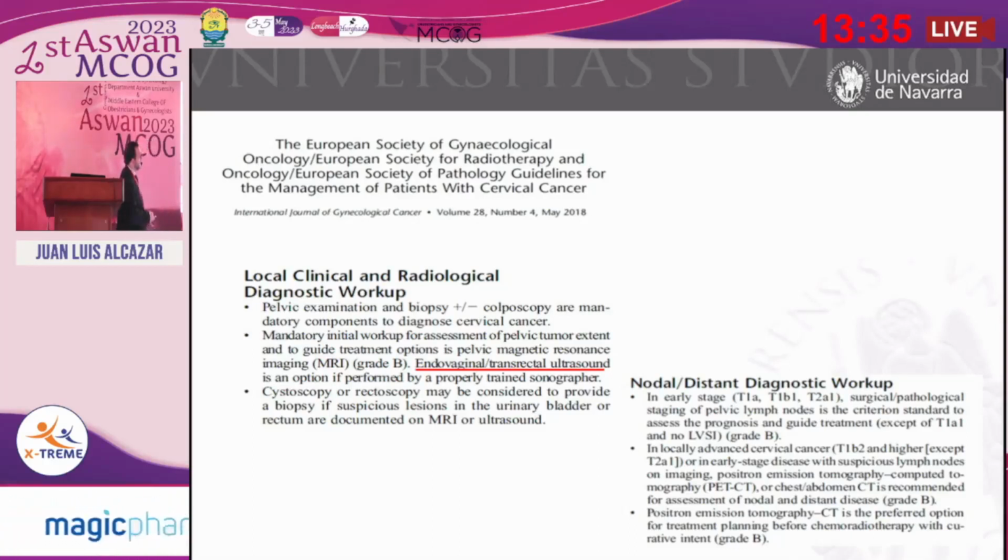For nodal evaluation, we do need, ideally, a PET scan, because PET scan is much more sensitive than either ultrasound or MRI. But ultrasound and MRI both have similar diagnostic performance to detect lymph nodes in gynecologic oncology.